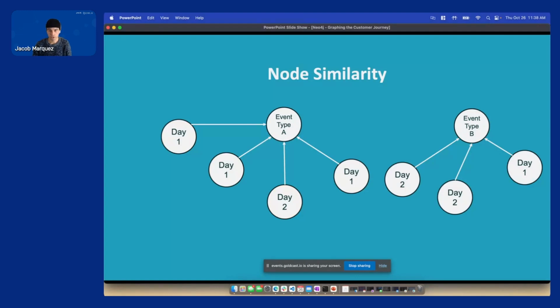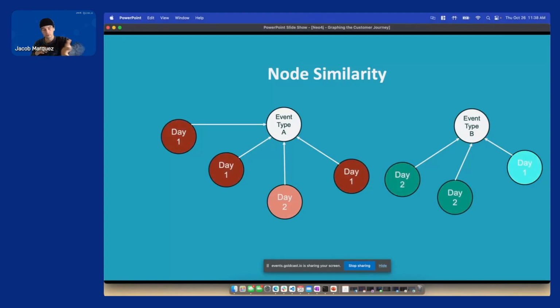If we look at these two groups of users, we have the days on the left side and the days on the right side. The days on the left are all very similar because they're all connected to the same event type. And conversely, the days on the right are all similar because they're connected to the same event type. Now, day two on the left is a tad bit lighter because it's day two, whereas all the other nodes are day one.